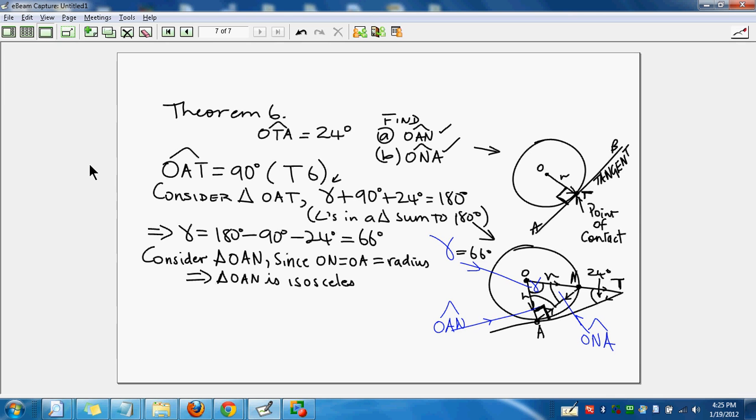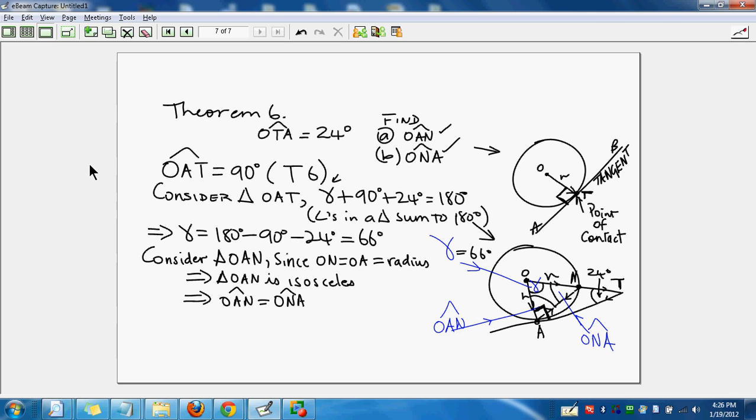And if that is the case, these two bottom angles, OAN and ONA, must be equal because they are the base angles of the isosceles triangle. So triangle OAN is isosceles, and that implies that angle OAN must be equal to angle ONA.